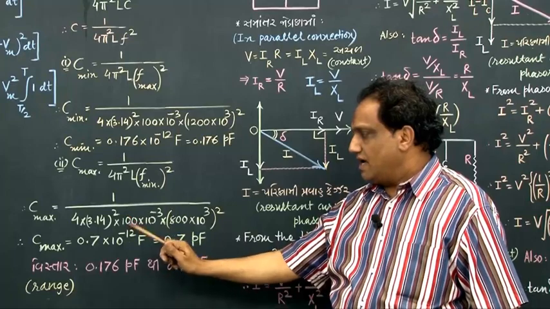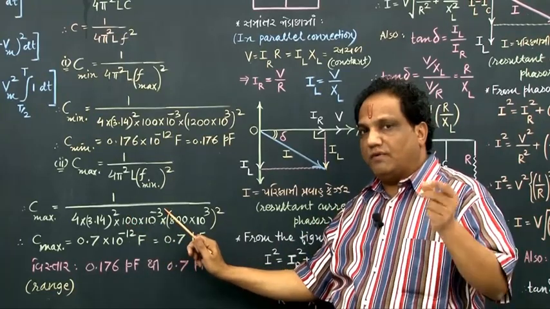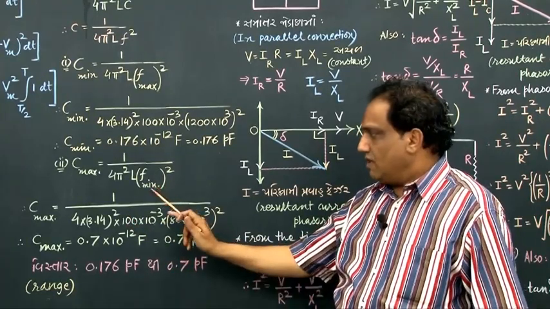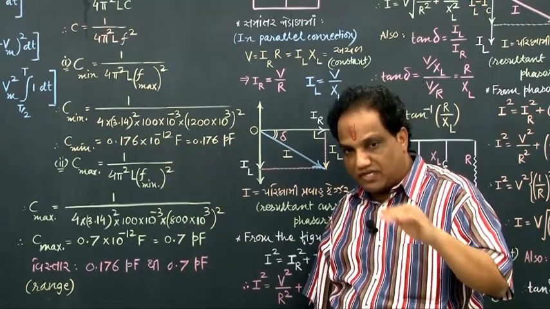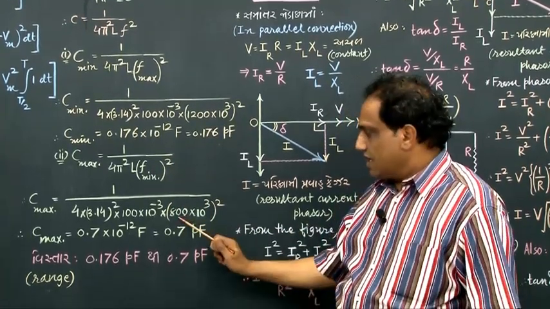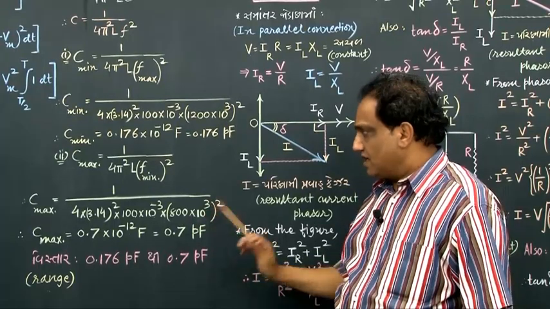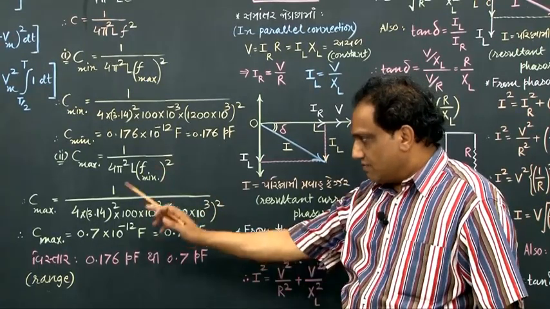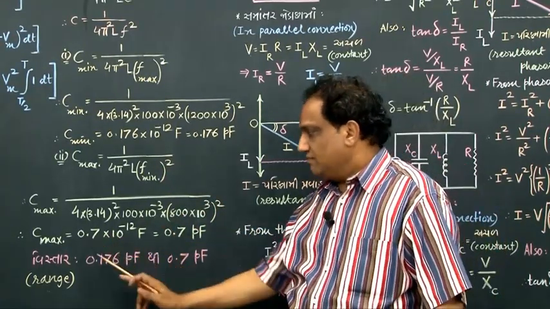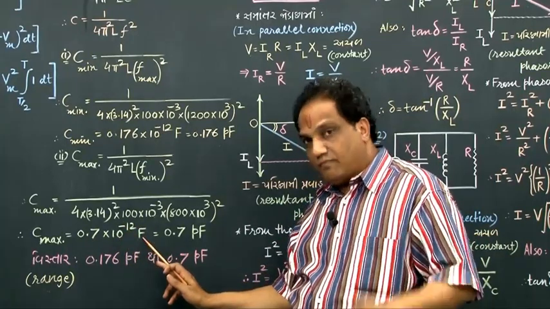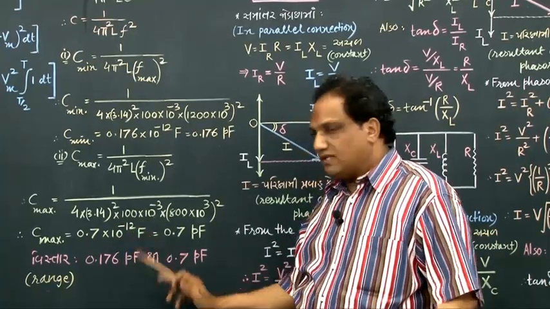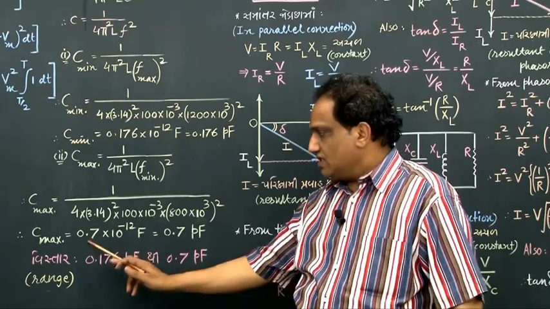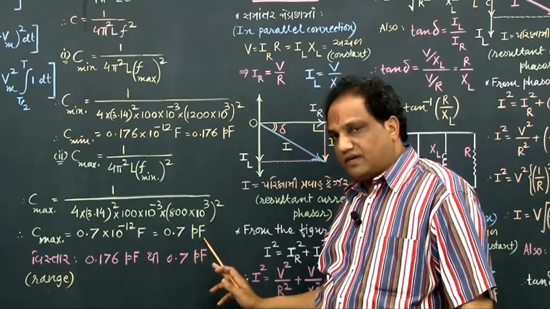Inductance 100 millihenry, convert it into Henry, multiply by 10 raised to minus 3. The minimum frequency in the given range is 800 kilohertz, convert it into hertz, multiply by 10 raised to 3, square of it, okay? Simplify, the answer is 0.7 into 10 raised to minus 12 farad, but 10 raised to minus 12 farad is nothing but 1 picofarad. So this is 0.7 picofarad, correct?